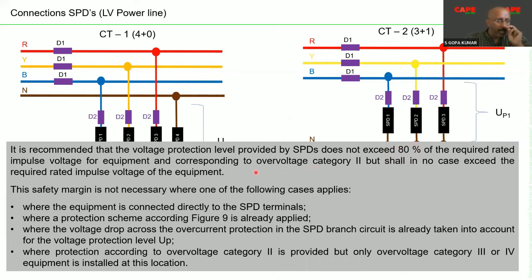So these conditions we should always read carefully before selecting. It also means that before buying an SPD, please go through the specification of the SPD. We have to be very careful. SPD is a new product in the market.